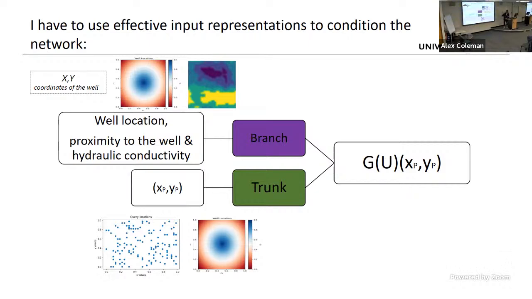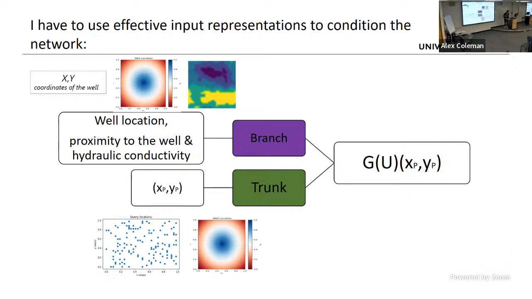I call it proximity to the well, something like a distance map. And then I also need to add the coordinates of the well as an input. And then I have to give that same information of the distance from the location to the well also for the query locations for the output.